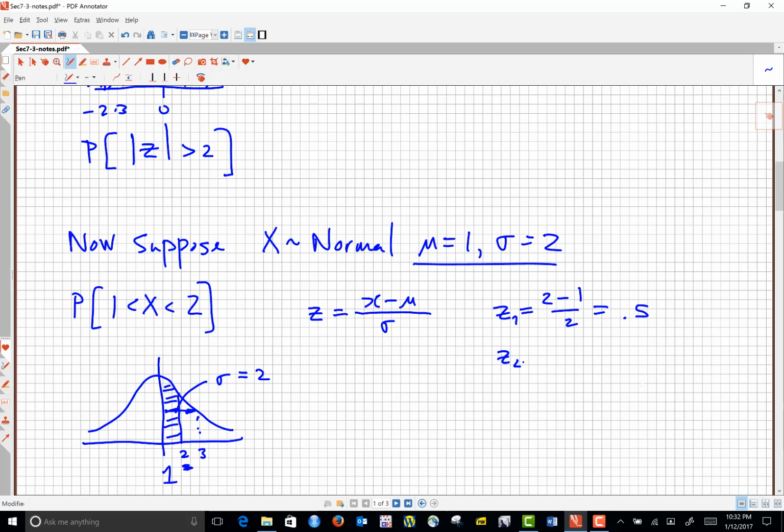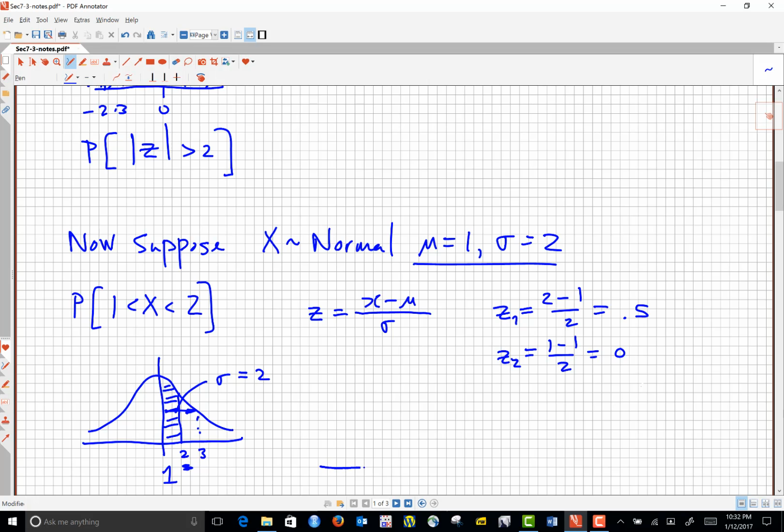And z number 2, for the value 1, is 1 minus 1 over 2, that is 0.